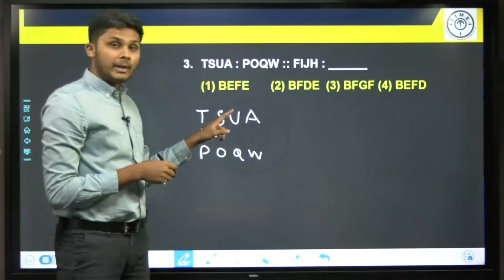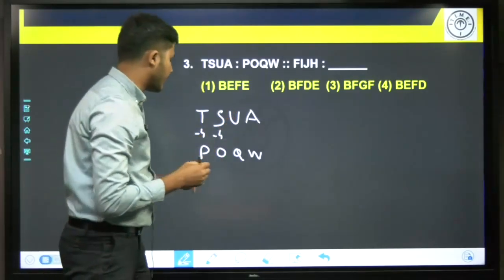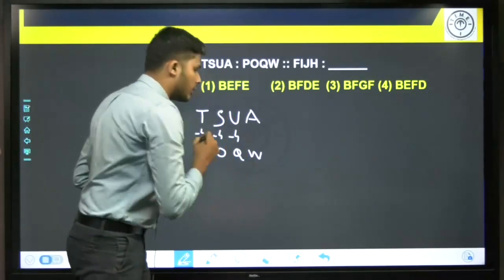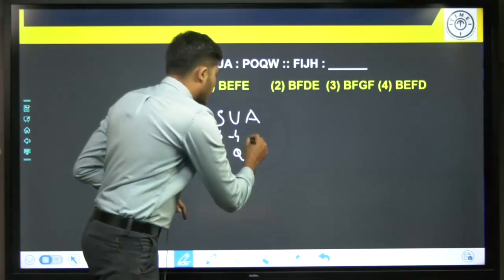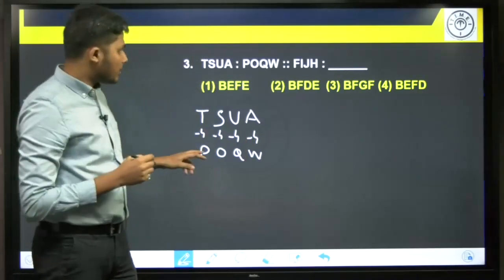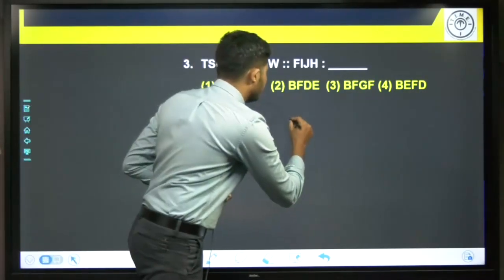U, 21 minus 4 which is 17, and the place value of Q is 17. Similarly, A minus 4 which is W. Let's apply the same logic to the third term.